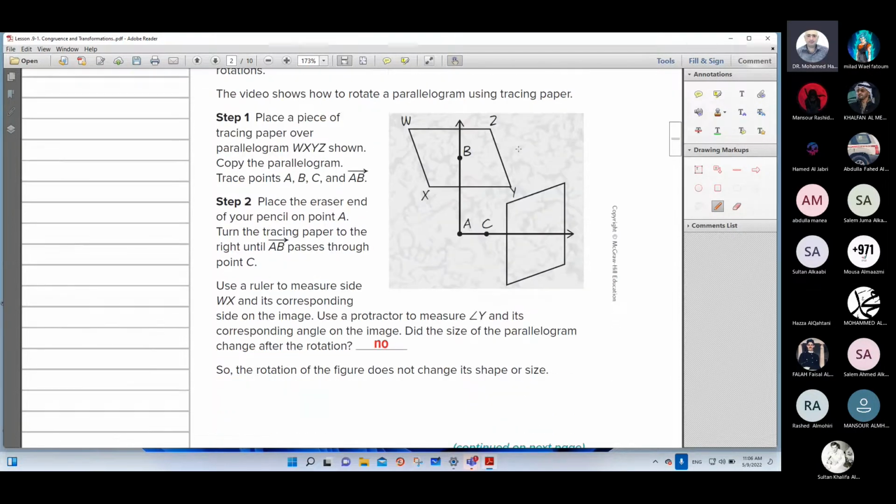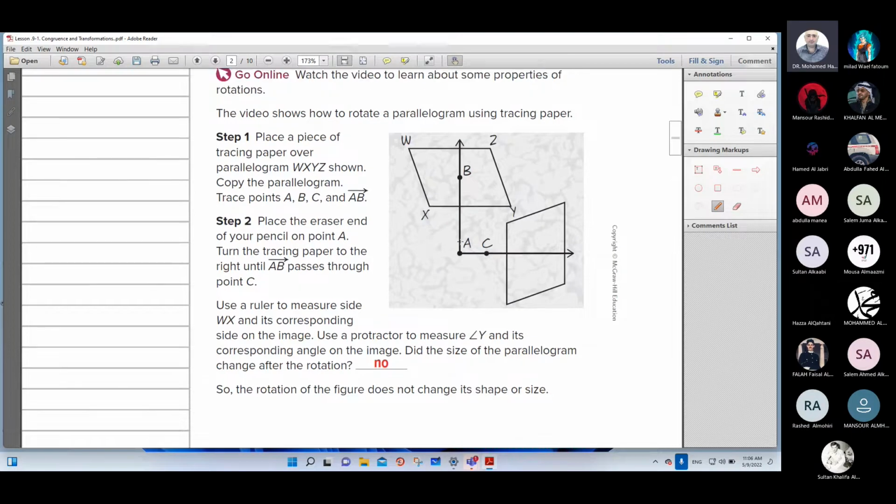Right. In this example, who can tell me what is the type of this transformation? Yes, Abdullah? Rotation. Now, who can tell me what is the center of the rotation, what is the angle of the rotation, and what is the direction? This is the center.